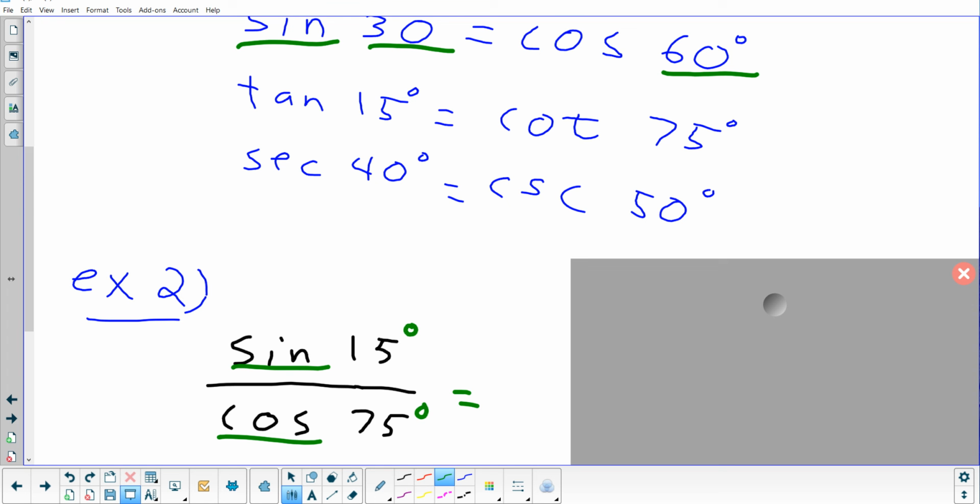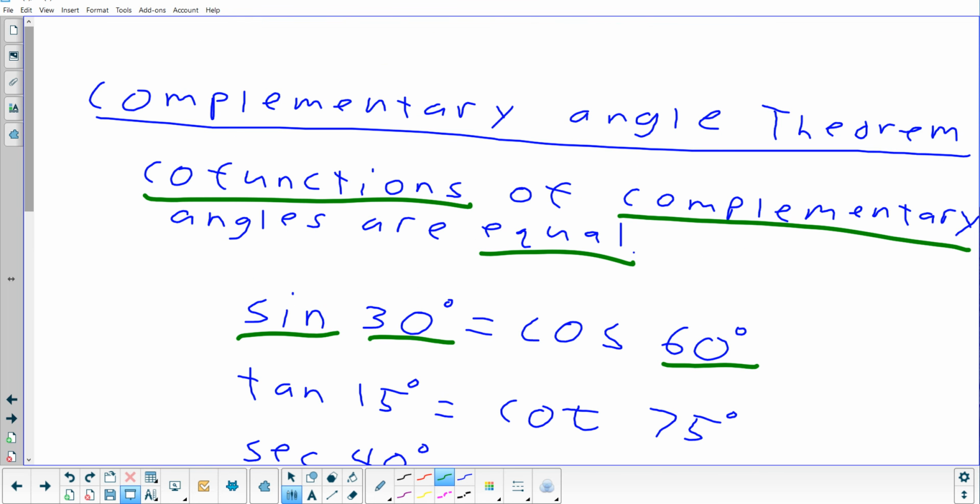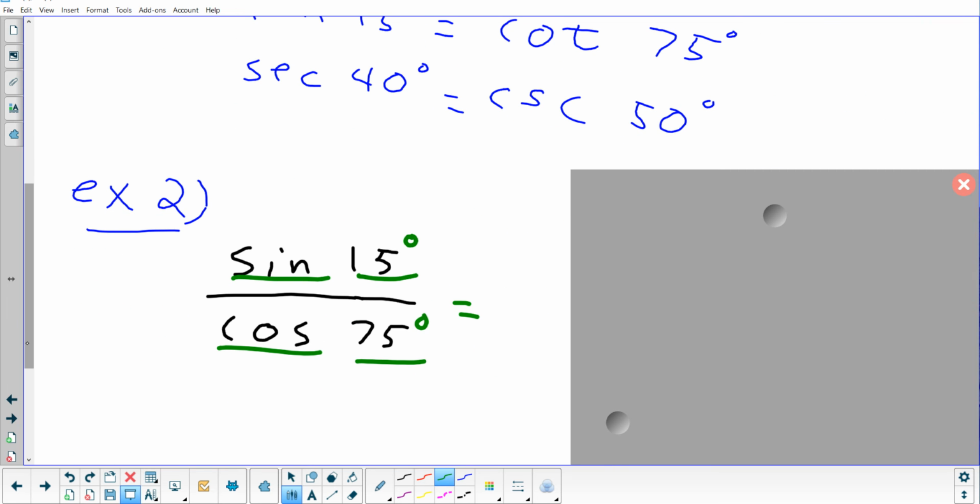These are cofunctions. And 15 degrees and 75 degrees are what kind of angles? Complementary. So we have cofunctions of complementary angles. So what does that mean about this value compared to that value? Yep, it means they're equal. We still don't know what they are, but we don't need to know what they are. We know that what's in the top and what's in the bottom are equal. So what are you going to get when you divide them? 1.